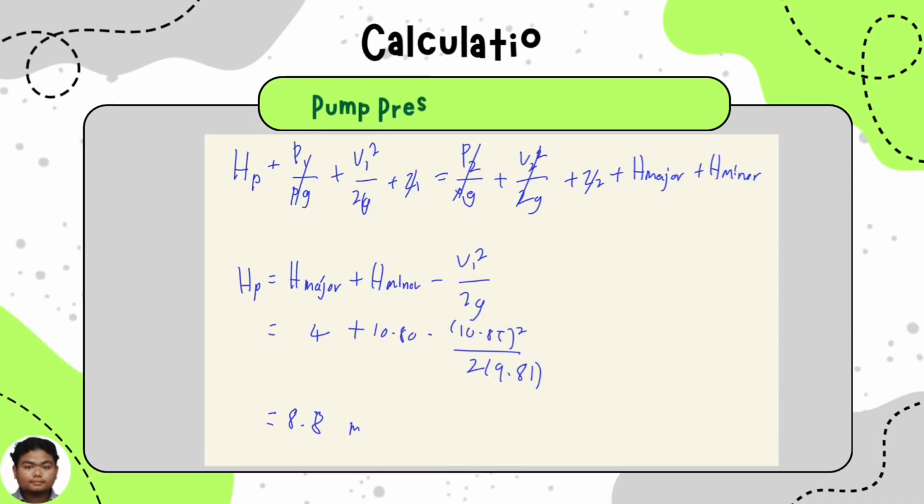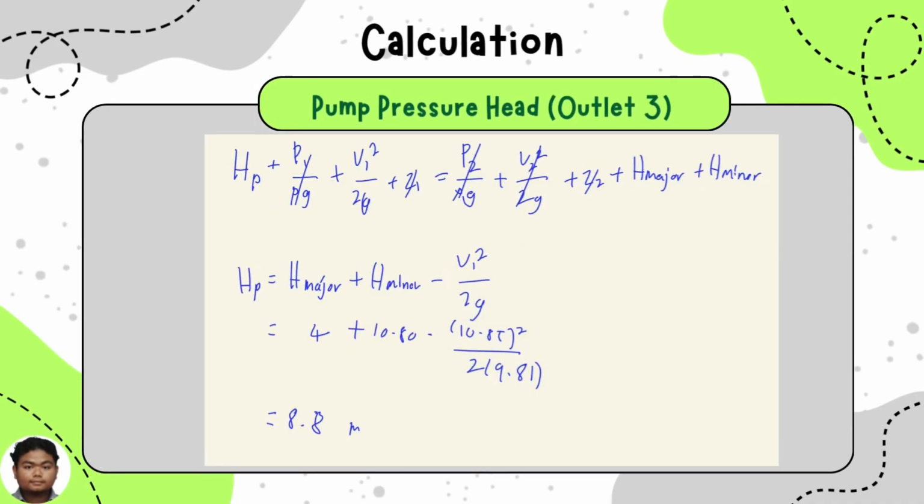Okay, now for outlet 3, we discard pressure 1, Z1, pressure 2, V2, and also Z2. We have H major plus H minor minus V1 squared over 2g. We put in the information, and we get the pump pressure head for outlet 3 is 8.8 meters.